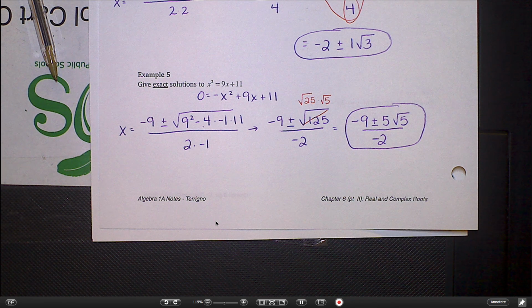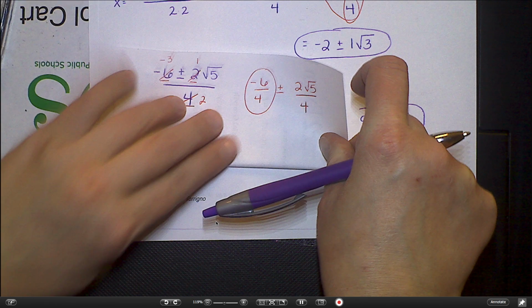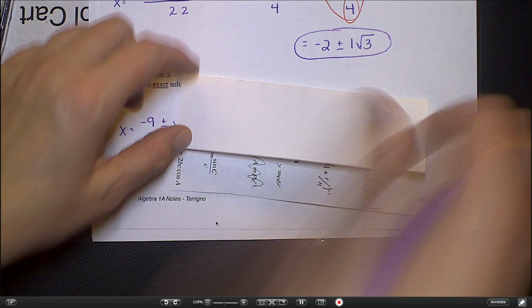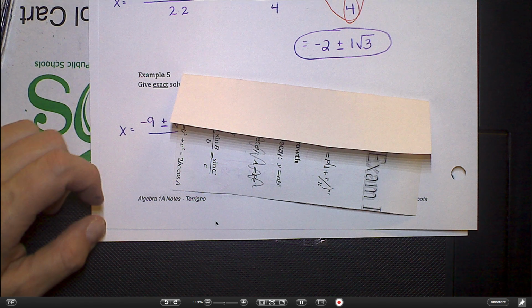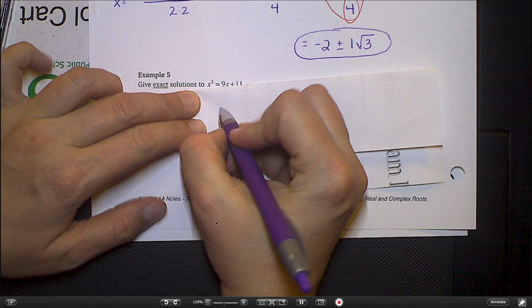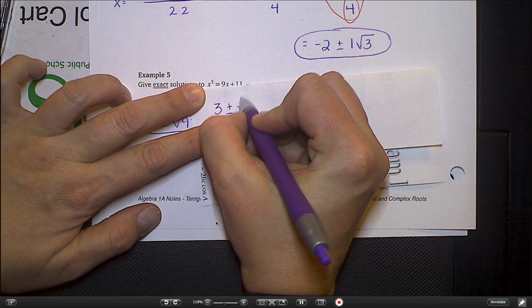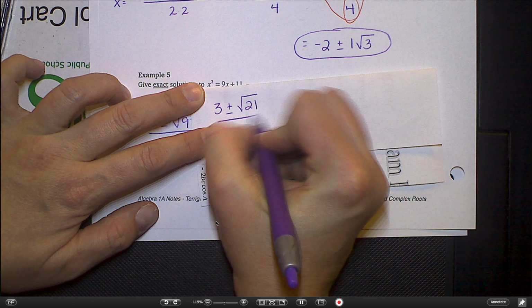Okay? Let me throw a couple more what ifs your way and then I'll turn you loose. Let's say you came down to something like this, plus or minus square root of 21 over 5.